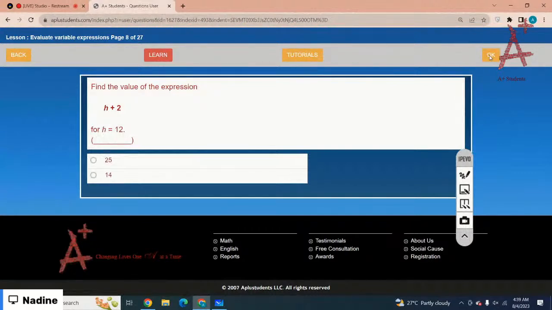Find the value of the expression h plus 2. So, which is the correct option? The correct option is 14. 12 plus 2 makes 14.